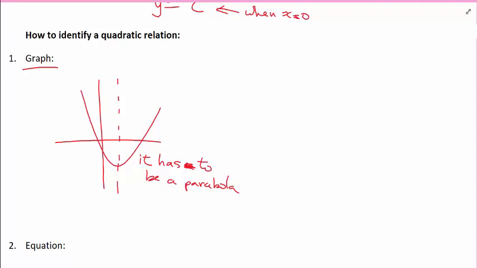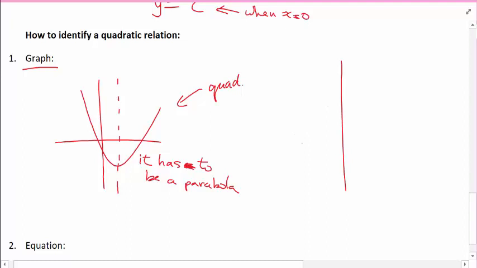So this is quadratic. A not quadratic might be like this, right? This is not symmetrical.